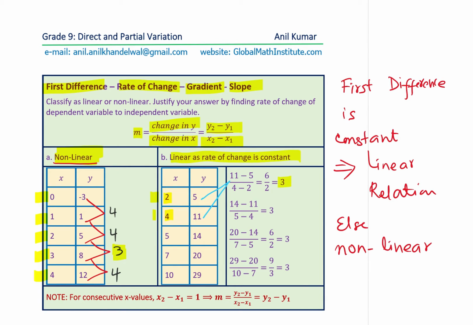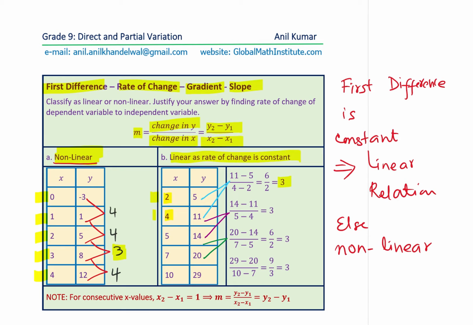And now let's calculate between the second and the third point. When you do that, you get that also as 3, since 14 minus 11 divided by 5 minus 4 is 3. And now let's do with the other given points. There, 20 minus 14 divided by 7 minus 5 gives you 3.